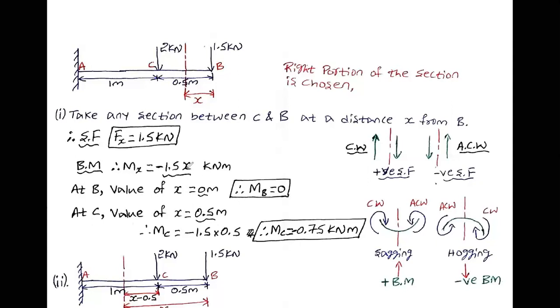Now substitute x equal to 0.5 meter in this equation, and you will get the bending moment at point C. Therefore, bending moment is equal to minus 1.5 multiplied by the distance 0.5. It will be minus 0.75 kilonewton meter. This is how you calculate the shear force and bending moment in section CB.